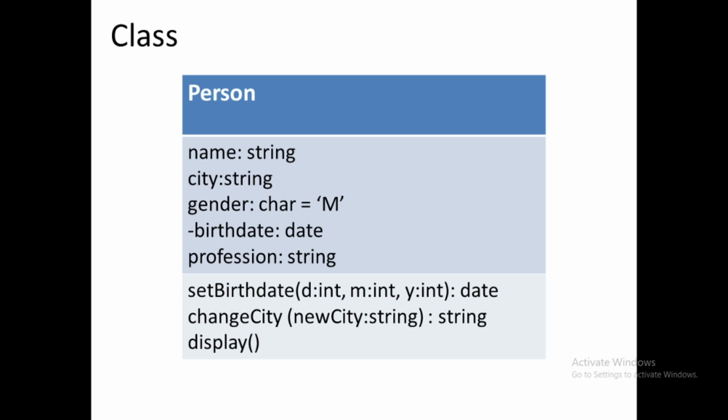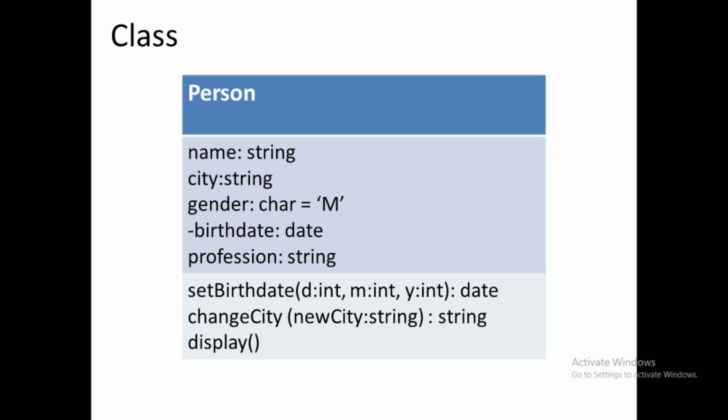And the third function display is given here. There are no parameters here, so nothing is given inside round bracket, and this function also doesn't return any value, so no colon sign and data type is given here. So this way we can declare few attributes and methods that is related to person class.